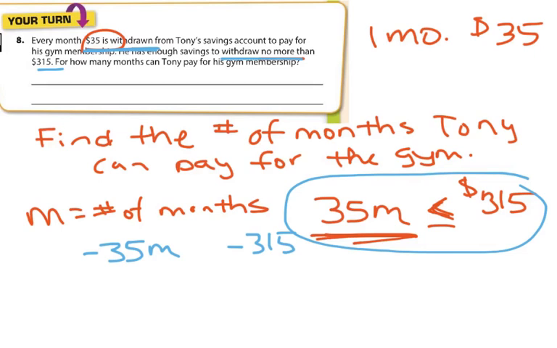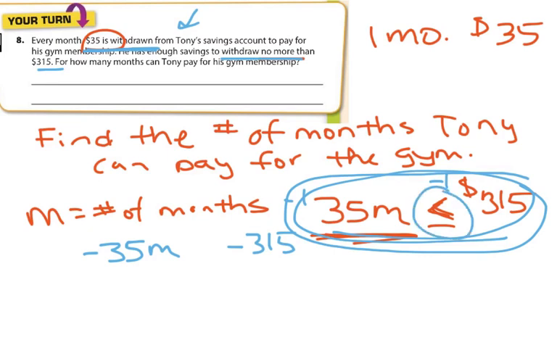So because we're changing both of these to negative numbers to set up the equation properly to represent what's happening up here in the question, it's kind of like we multiplied both sides by a -1. And if we're multiplying both sides by a -1, we know that we have to flip this. And so we are going to change it to negative 35M is greater than or equal to negative 315.